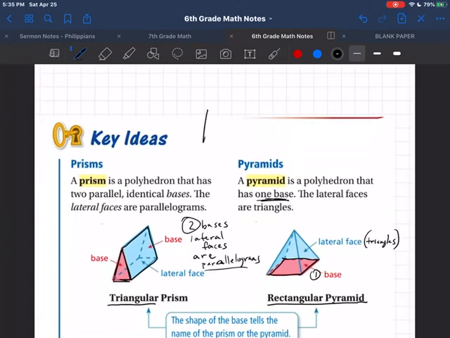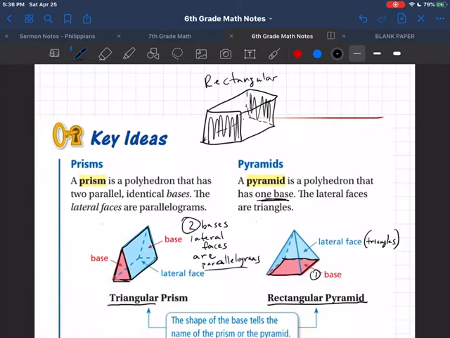We can have a prism that looks like this, where the bases are rectangles, and that would be a rectangular prism.